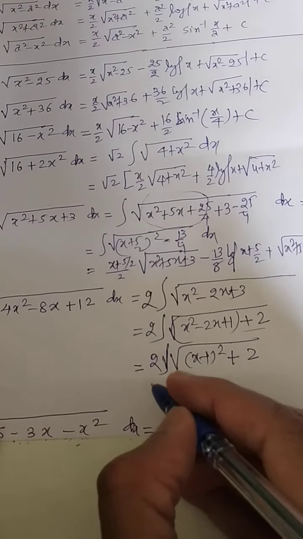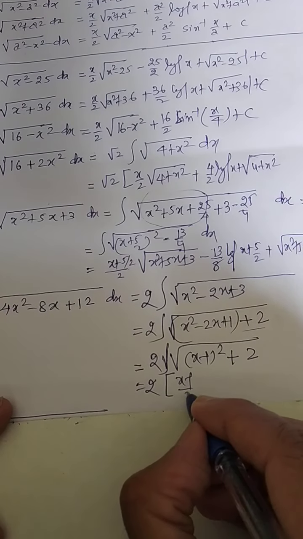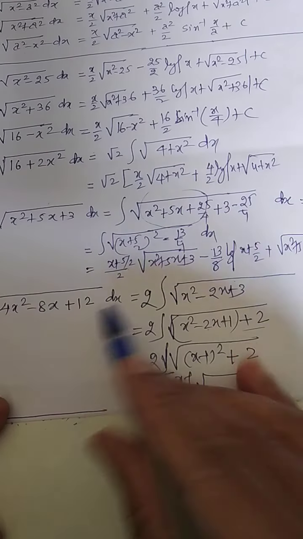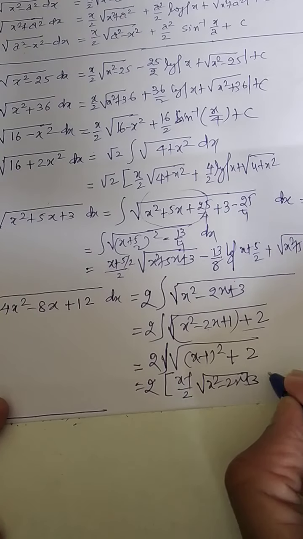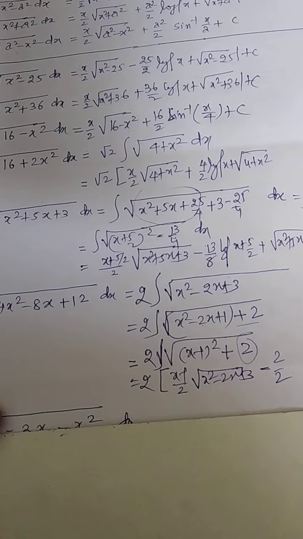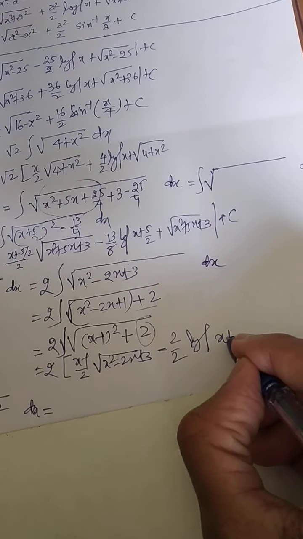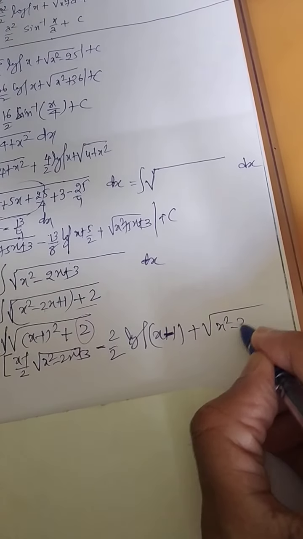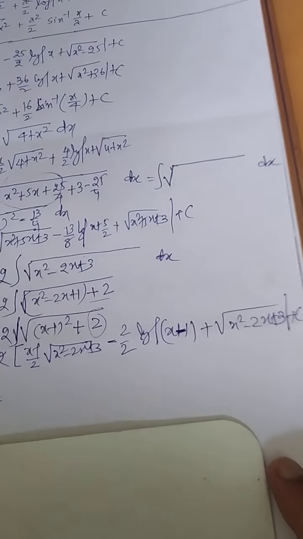Second formula in your notebook, check. It will be x by 2, x minus 1 by 2, times the question, this expression as it is, plus a square by 2, 2 by 2, 1. Now log of x minus 1 plus root under x square minus 2x plus 3. So this is a way to answer the question.